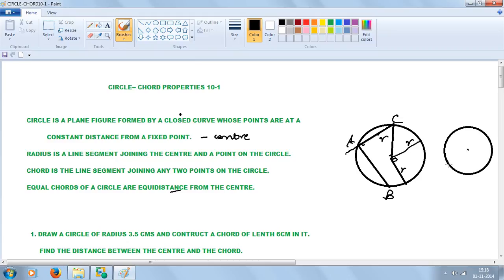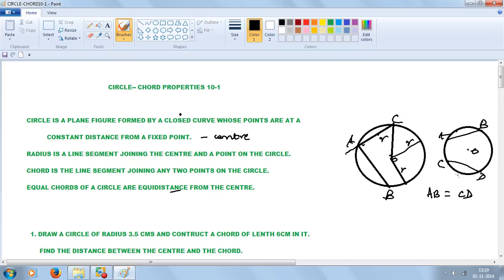Let us take two chords AB and CD, where the center is O. So what is given? AB is equal to CD.